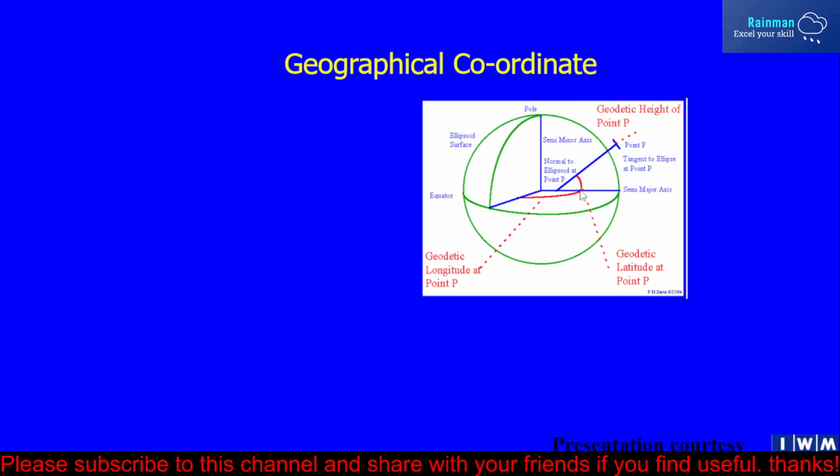This latitude can be 0 to 90 degrees, and 0 to minus 90 degrees. So minus 90 degrees to plus 90 degrees is the latitude range. So what is longitude?